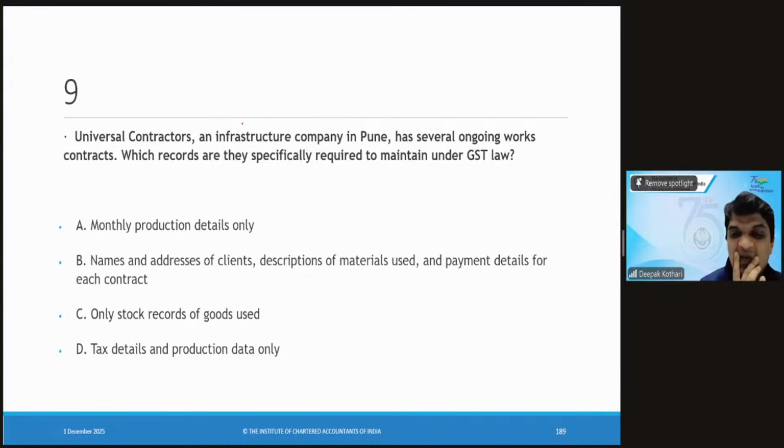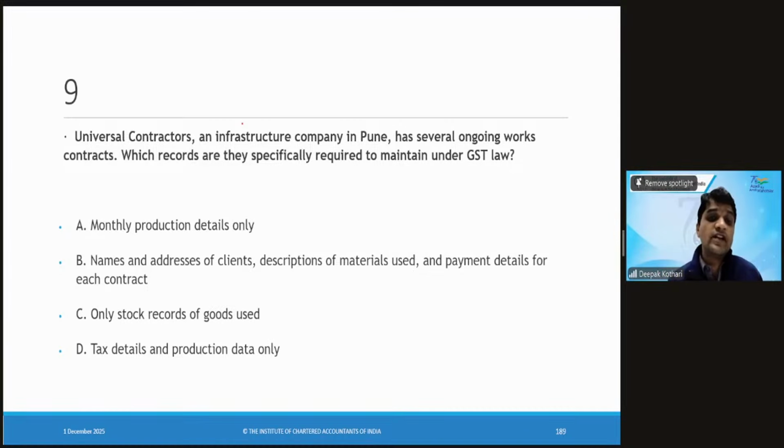Question number 9. Right. All the four. So universal contractors have several ongoing works.